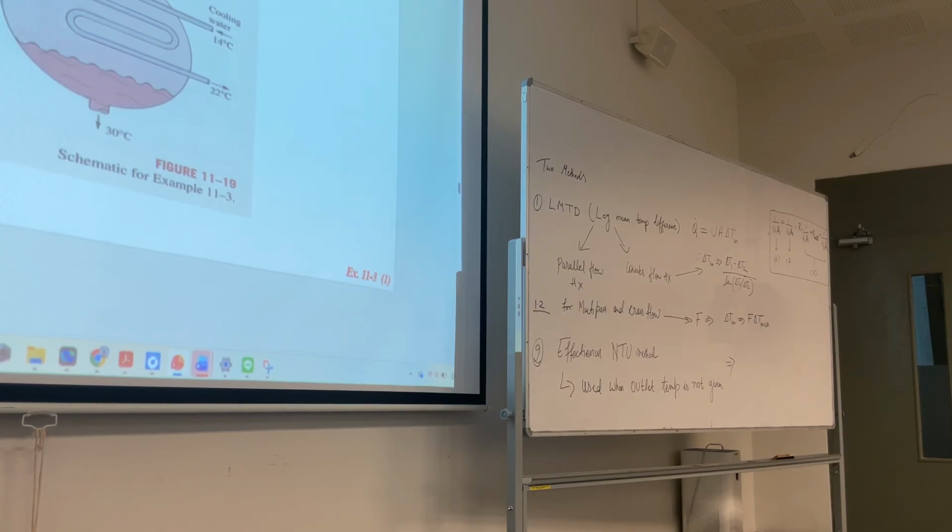The surface area of the tube is given as 45 square meters. The overall heat transfer coefficient U is given as 2100. Determine the mass flow rate of the cooling water needed and the rate of condensation of the steam.